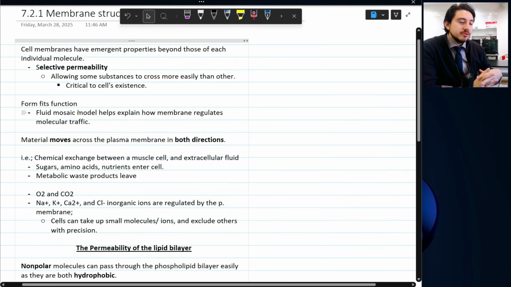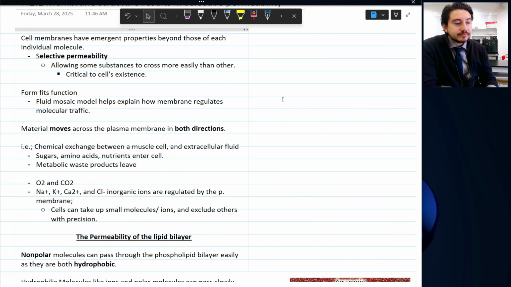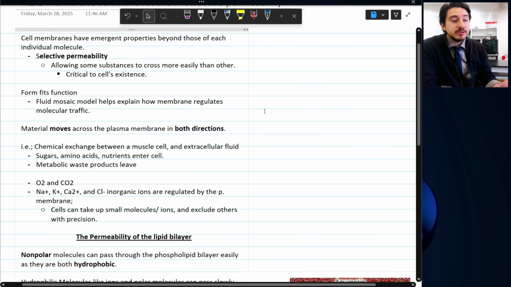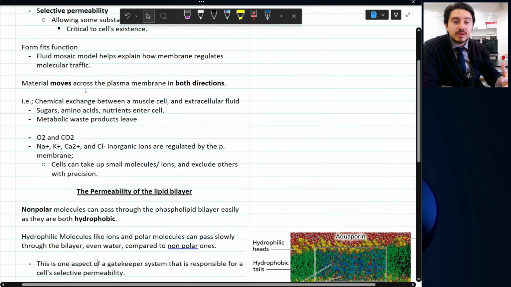This is referred to as selective permeability, allowing some substances to cross more easily than others, and this is quintessential, if I can say, critical to the cell's existence. Okay, and again, how is this possible? It's because of the fluid mosaic model. It enables the cells to regulate just because of how it's built, because of the dynamics of the phospholipid bilayer and the proteins that you can embed within this membrane. Okay, so form fits function.